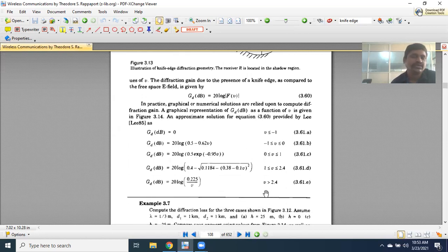For the last one, v greater than 2.4, the value of G is 20 log 0.225 by v.